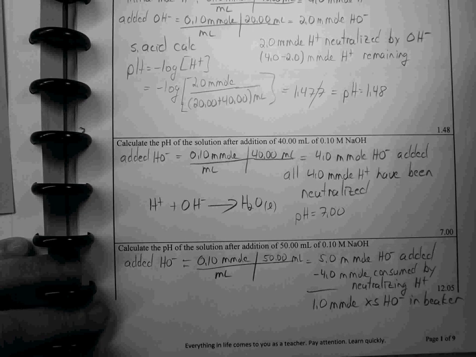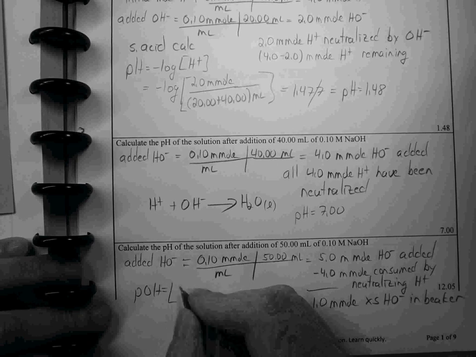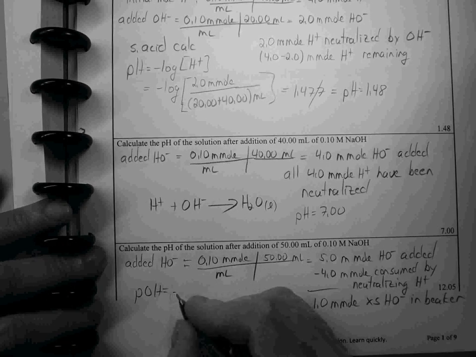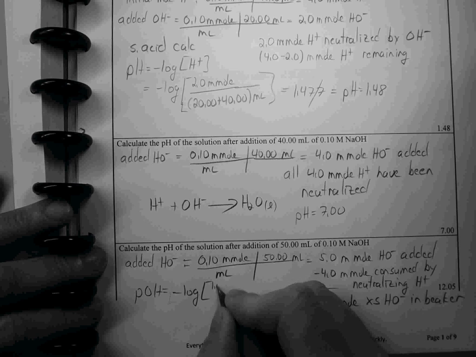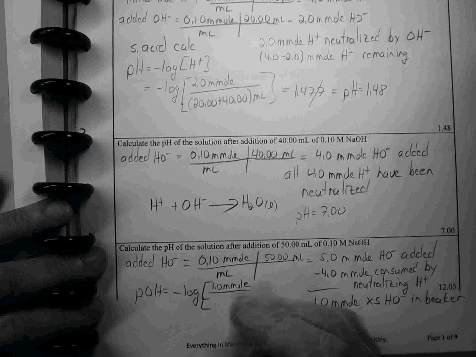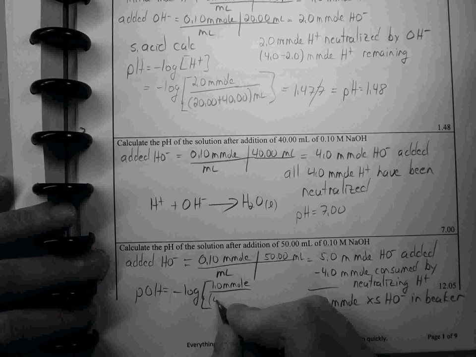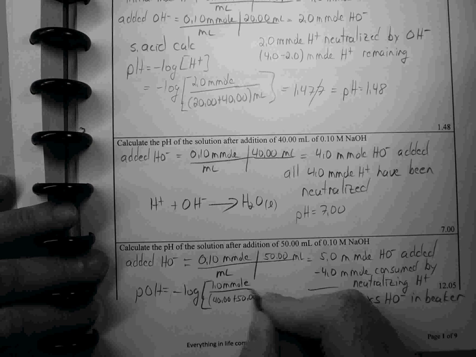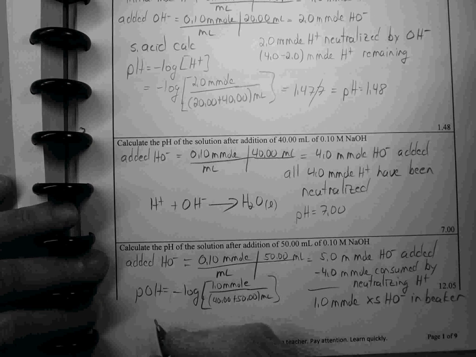So we can calculate our pOH. It's the negative log of the hydroxide ion concentration, which is 1 millimole, and we are now in a total of 90 milliliters, because we had 40 to start and we've added 50 milliliters of the hydroxide.